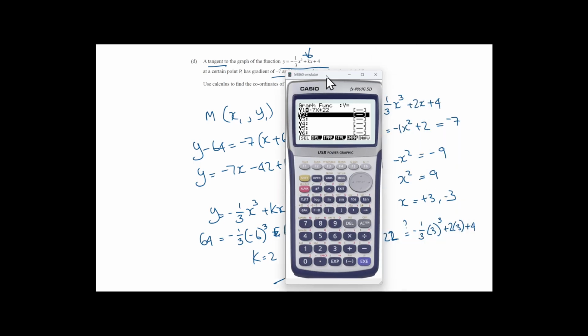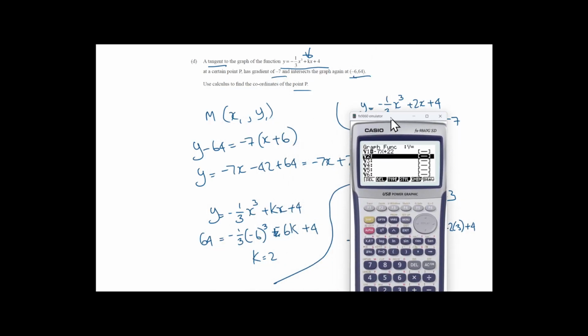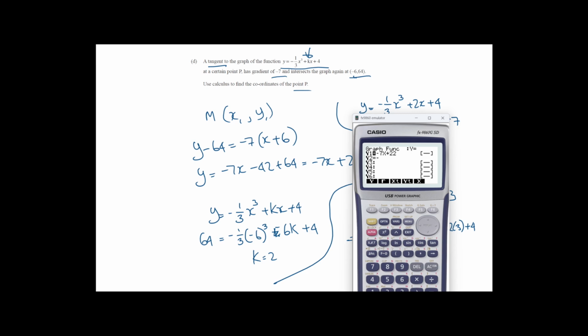And the other one was negative 1 over 3 x to the power of 3 plus 2x plus 4. And let's draw them. So there we go. Sure enough, there's one point. So that's the tangent at point P.